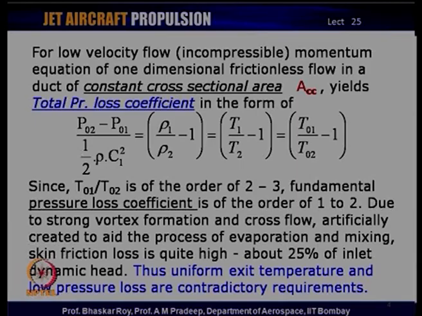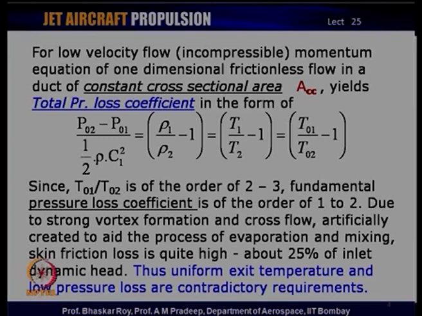That is a ballpark figure, but that means 25% of the inlet dynamic head could be lost in various kinds of losses, which are absolutely necessary, some of it, to aid the process of evaporation and mixing. And then you have a pressure loss that is inevitable.